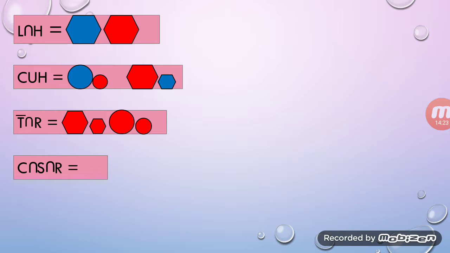We can place them around, let's say, the C intersecting S first. So we have C intersect S, so that's circle intersecting small. Now that we have a small circle to go off of, small circle will intersect R. So our answer, if you're paying attention, is going to be a small circle, or small red circular shape.